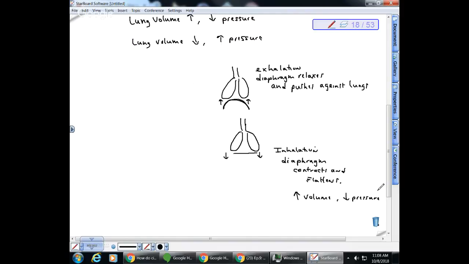The atmospheric pressure just automatically causes air to come in. And then when I exhale, my diaphragm would relax up, and I could forcefully exhale some more by contracting my intercostal muscles and causing my rib cage to depress.